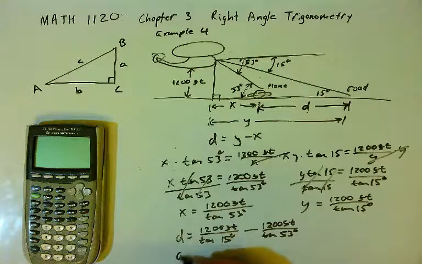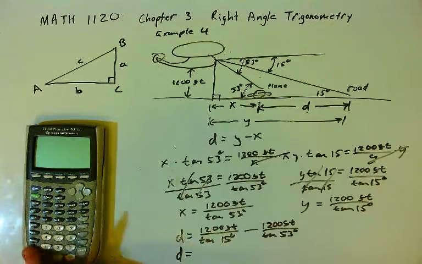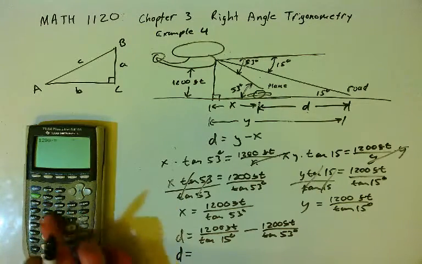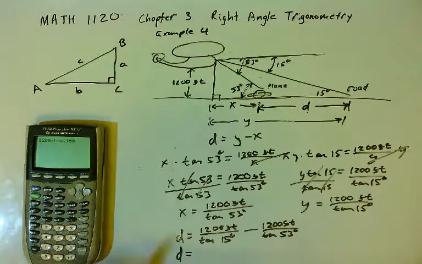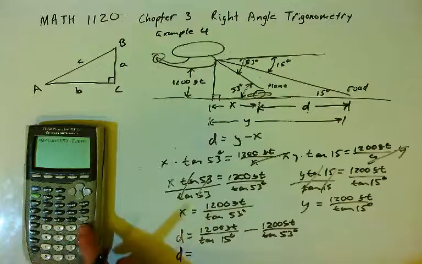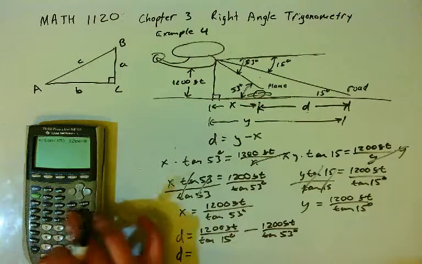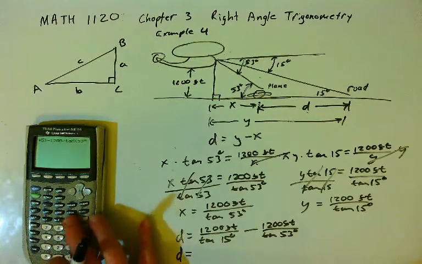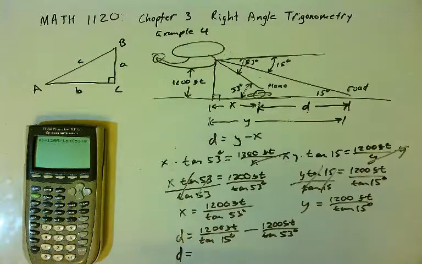Now we can solve for d. d will be equal to 1,200 feet divided by the tangent of 15 degrees, close parentheses, minus 1,200 feet divided by tangent 53, close parentheses. Very important to close your parentheses, especially on this first one.